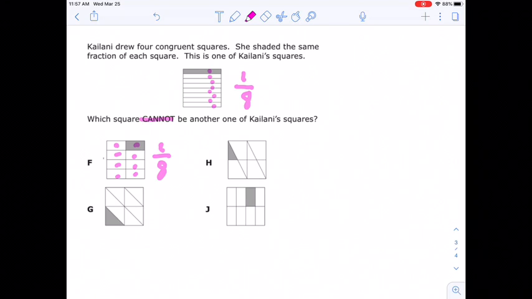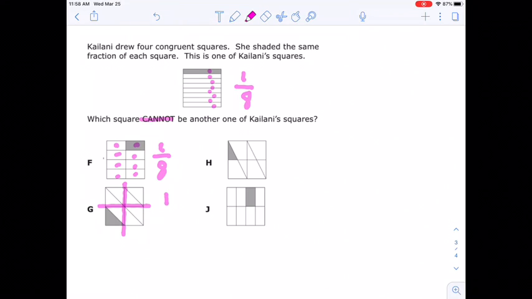If we look at this, we can see that if we picture a square, it was folded here and then folded here. And then each of those was folded into a triangle. And all of these have the same area. Each triangle is the same size. If you don't believe me, this would be a fun time to find a square piece of paper and see if you can fold it to match this. And I bet you'll see, if it's a square, that they are all equal when you fold it like Kailani did.